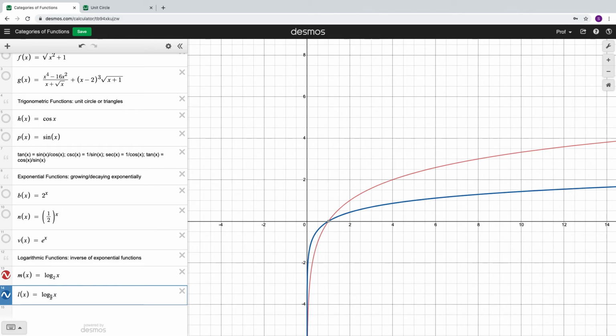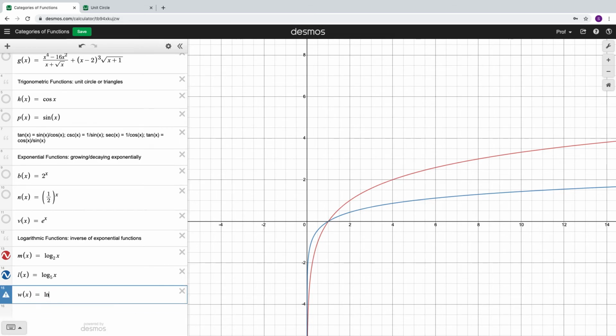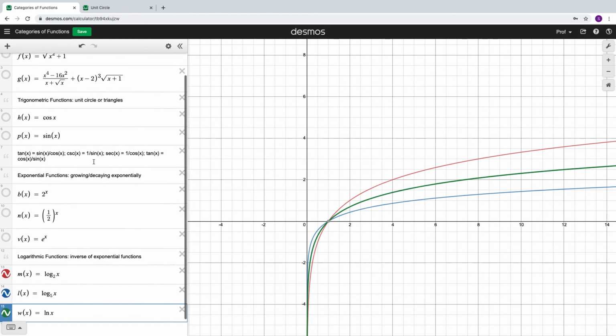If my base is e, then what I have is the natural log of x. So that is a very specific logarithmic function where the base is e. And so that is my exponential function, e to the x, reflected over that line, y equals x.